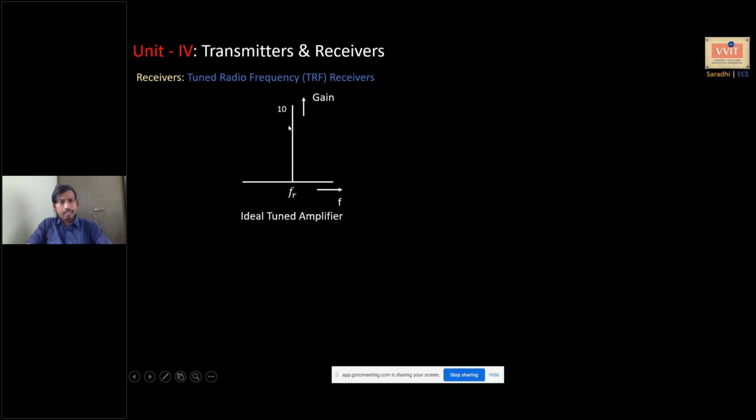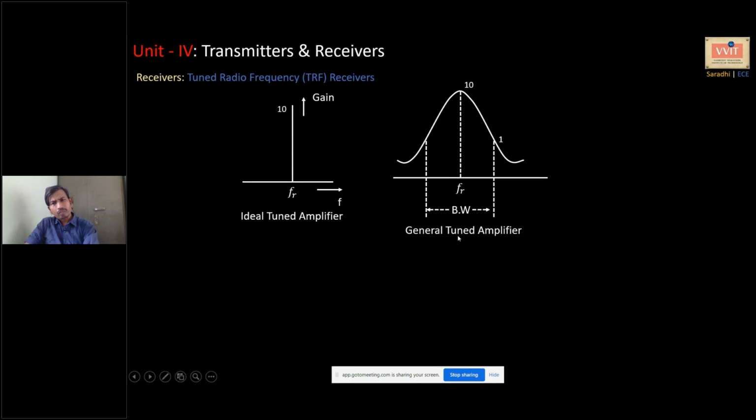Ideally, the tuned amplifier spectral characteristic should be something impulse-like. But in general, along with the radio frequency, that is the resonant frequency fR, we end up receiving several other frequencies, less than fR and greater than fR. So we are receiving a band of frequencies because the tuned amplifier has a finite, non-zero bandwidth.